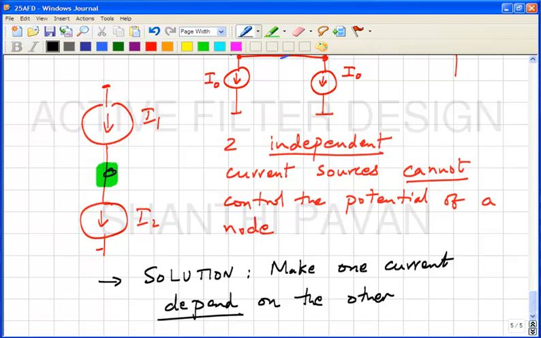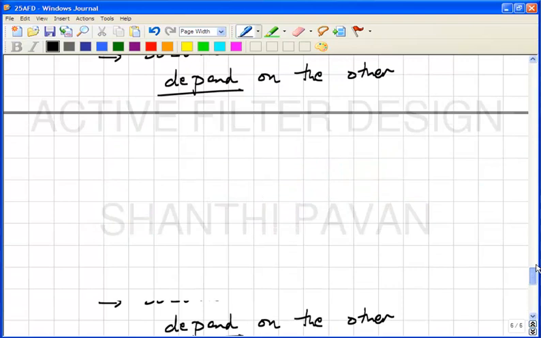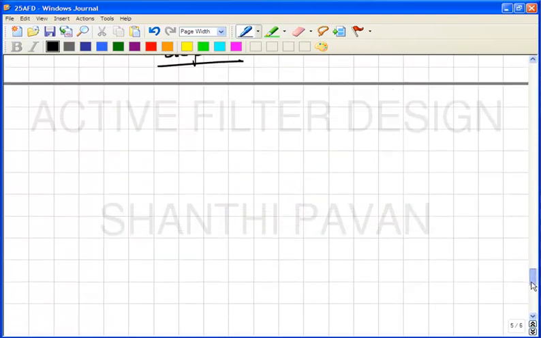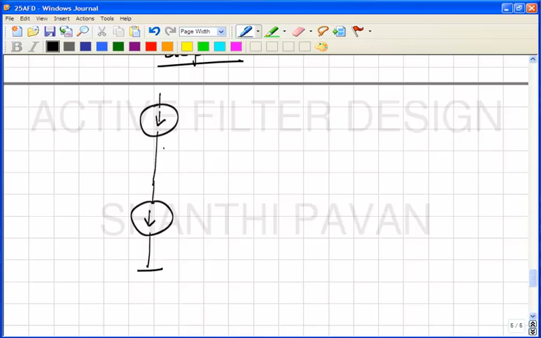So before we get into the differential pair, let's figure out how we might want to make this work. You have two guys who are trying to control the potential of this node, correct? It's completely up to us whom we want to make independent and which current we want to make dependent on the other.